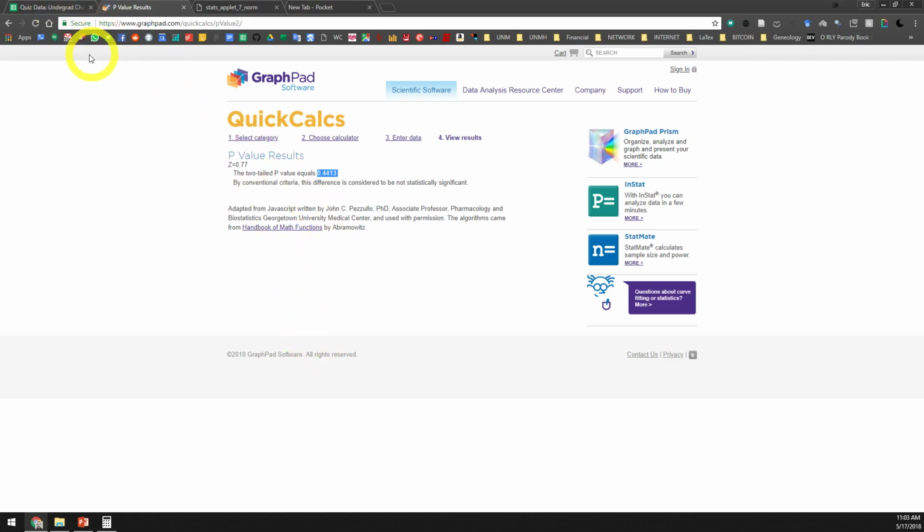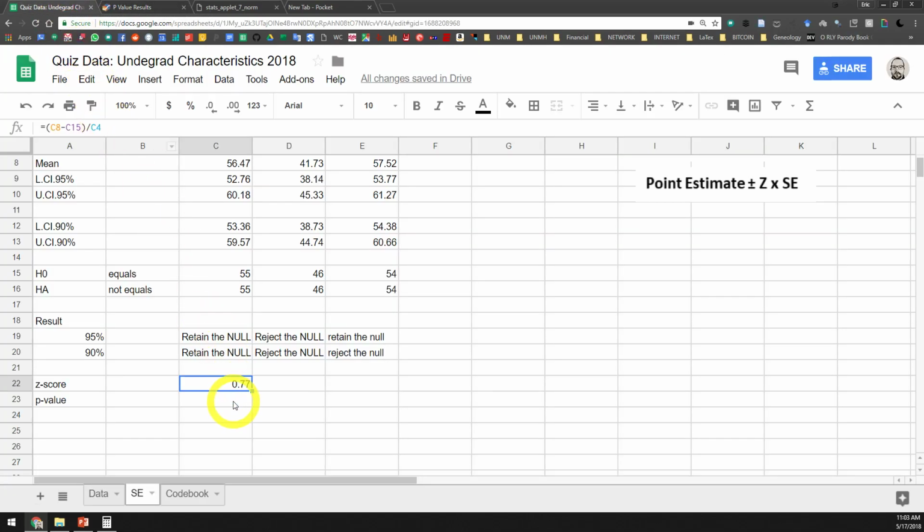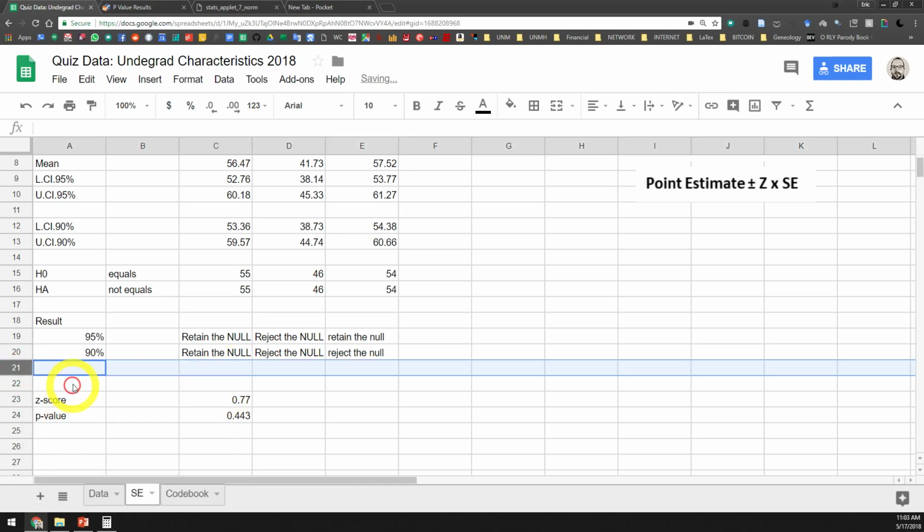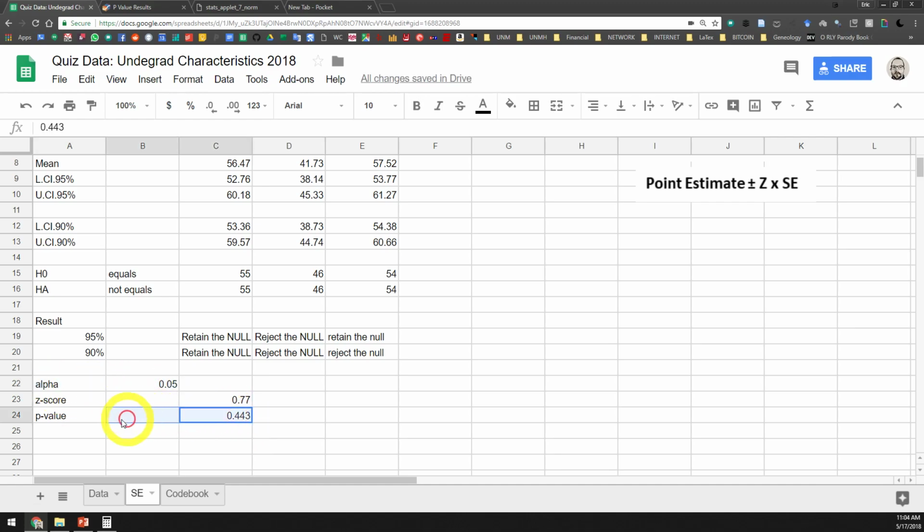So we can go back to our table and put that in there. If we remember correctly, our alpha, or decision rule cutoff, was equal to 0.05. Because our calculated p-value is above this 0.05, we are going to retain the null.